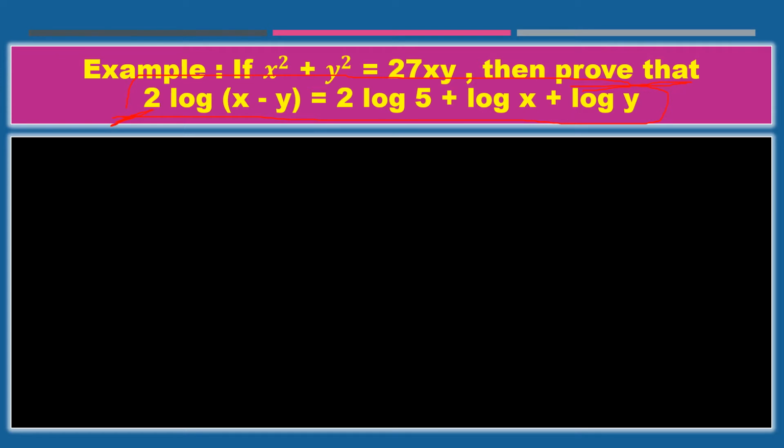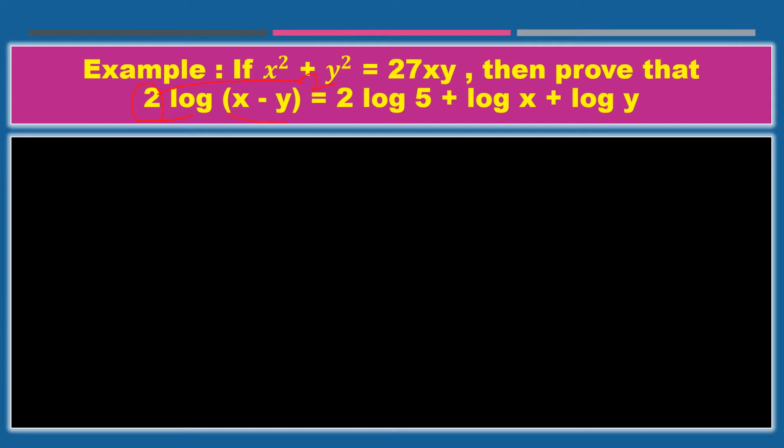Now here if you observe carefully, it is log in terms of log, but in the given data he didn't give log. So later we can do with log. Next, here he gave x minus y and 5xy. If you observe carefully, here before log there is one number, means our property should be it is under power, right?